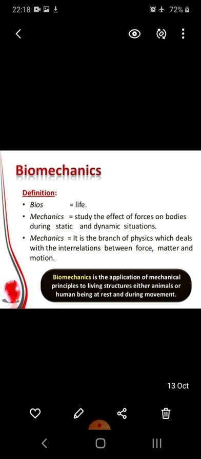Before proceeding further, first we will discuss the introduction. In the history of physical education and sports, individuals have been interested in enhancing their performance.